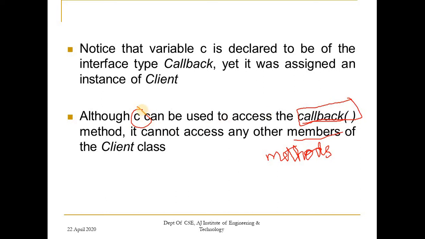That is why by using the interface variable I can access that method. But using this interface variable c, I cannot access the other remaining methods of the Client class. The Client class can implement several other methods of its own also. Those methods I cannot access by using this variable c.